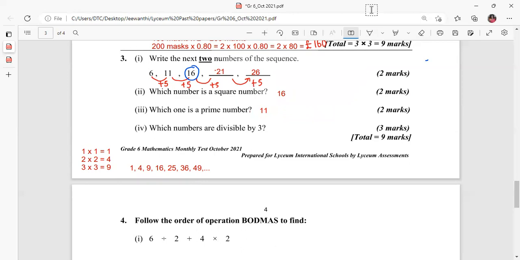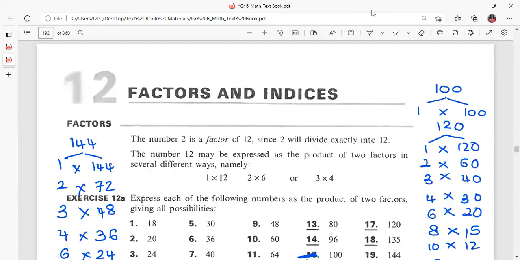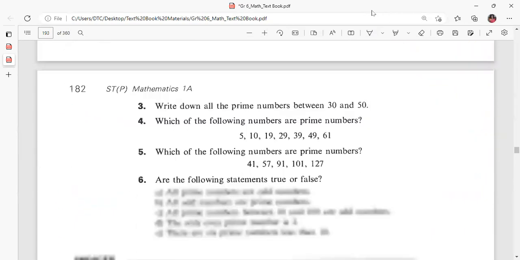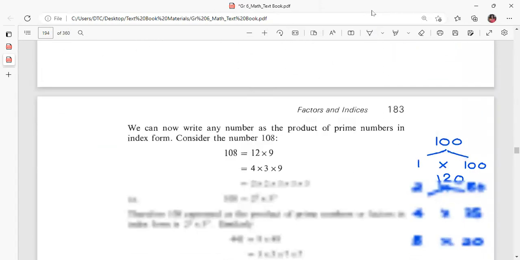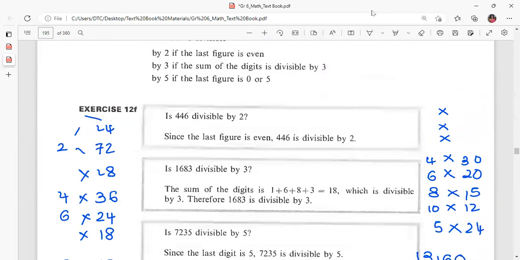Which number is divisible by 3? Which number is divisible by 3? For that, I would like to refer to your textbook. Hope you can remember. Wait, I will take you to that page. So you want to learn how we can divide the numbers. Look at this.